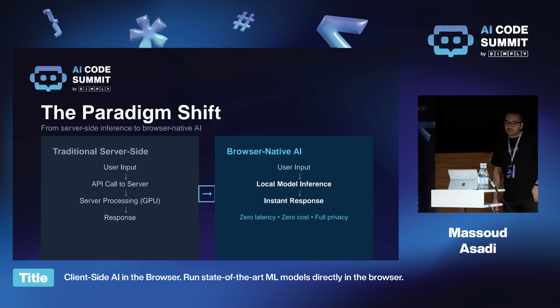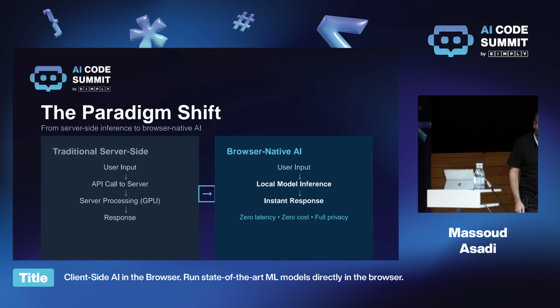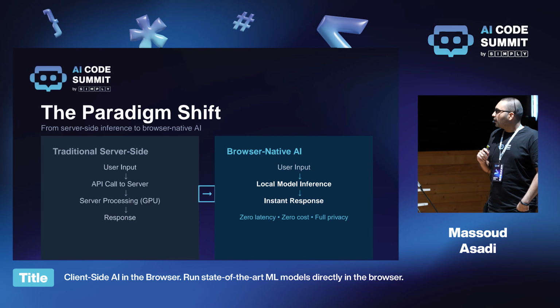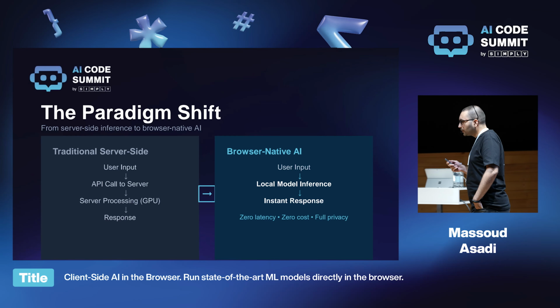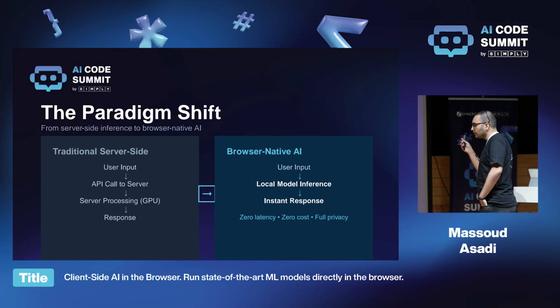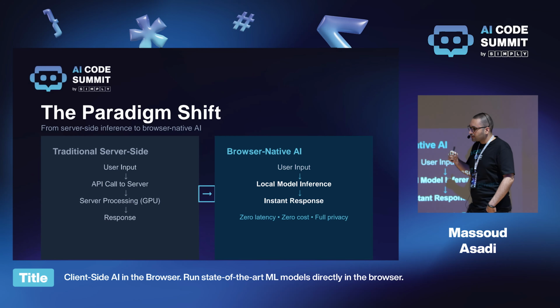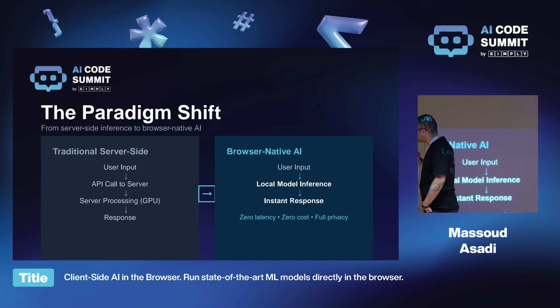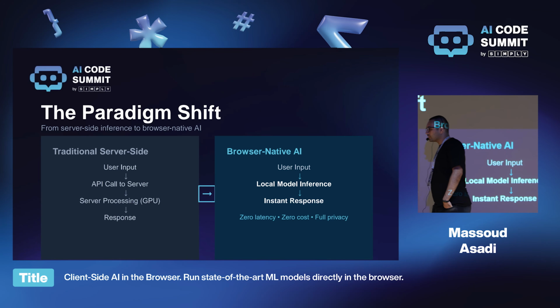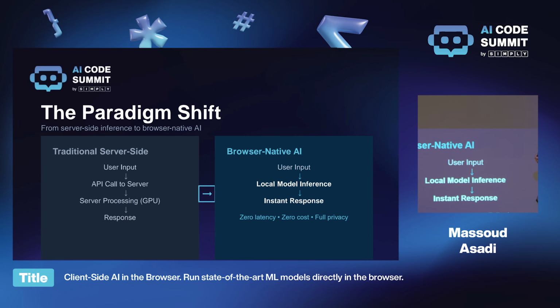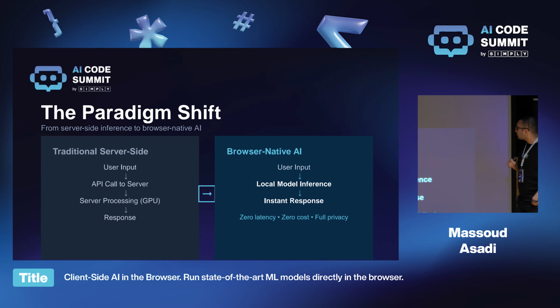So let's start with cloud AI providers. We get input from the user. We call the third-party API. And the process will go on their servers, and then finally we get a response from them. But in the browser, this is different.